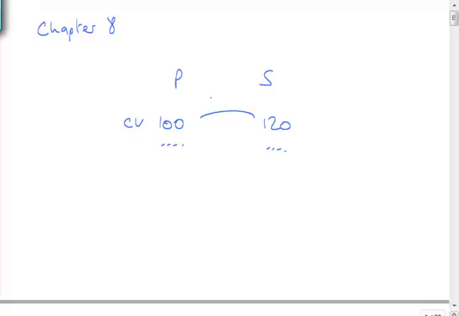So you can see that there's an unrealized profit here on the transfer, but then there's a further adjustment to make, because the subsidiary will be depreciating a larger amount than would have been the case if the asset had remained with the parent.